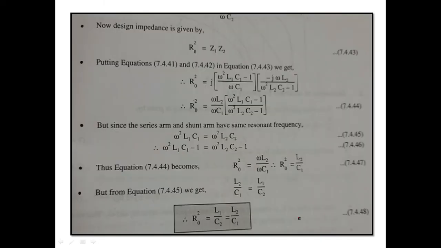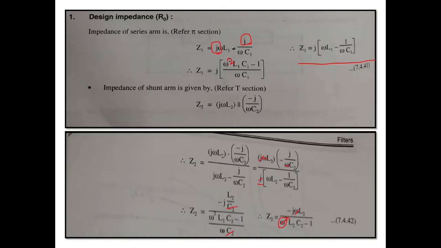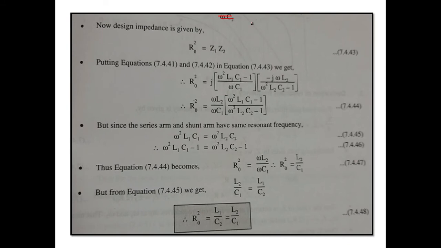Now the design impedance is given by R0 square is equal to Z1 Z2. Putting equations 1 and 2 in equation 3, whatever the Z1 and Z2 are, we put them in this equation.